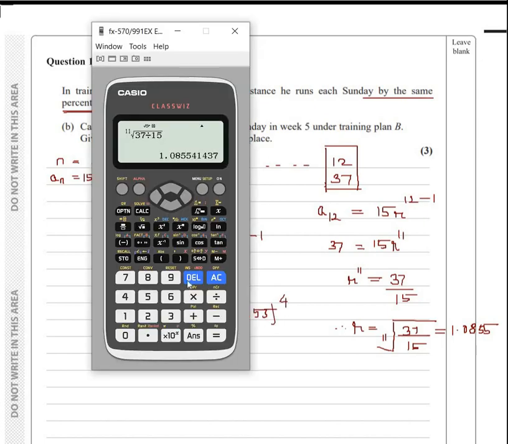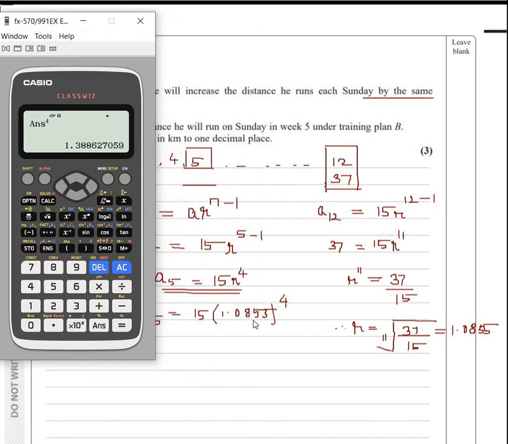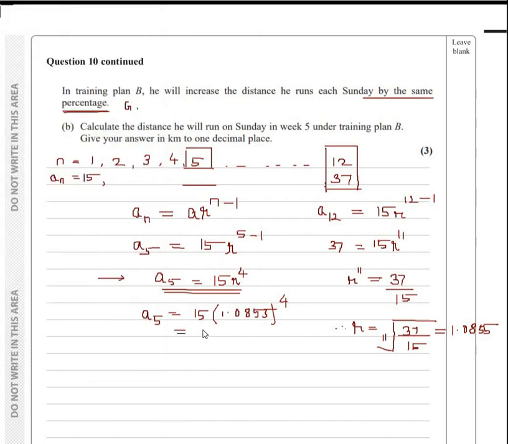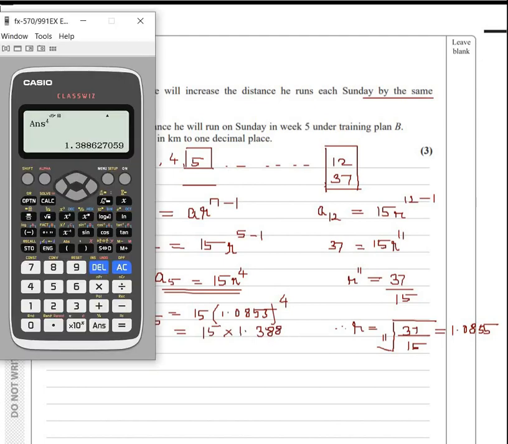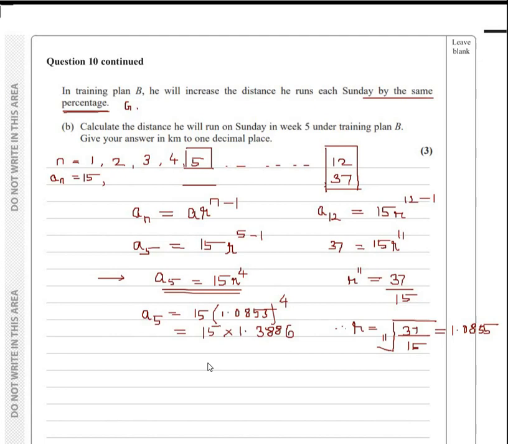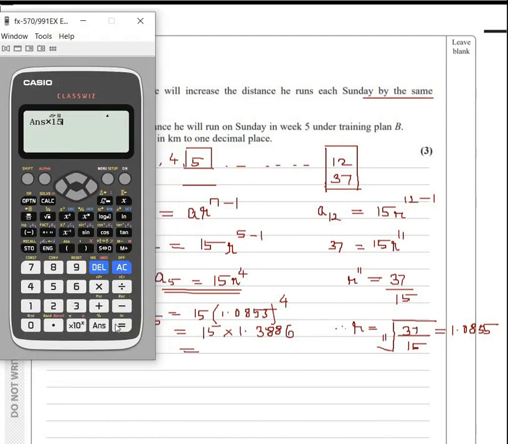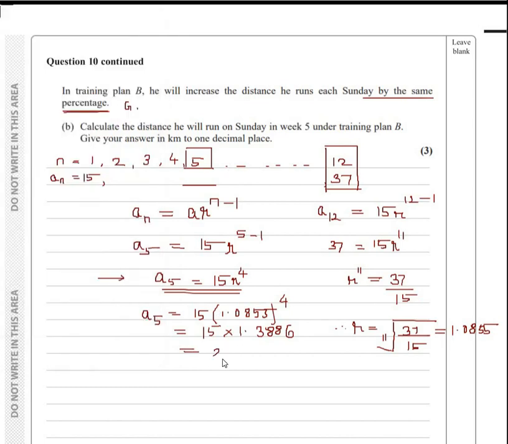Raising it to the power of 4, we get 1.288. Then multiplying it by 15, we get 20.829.